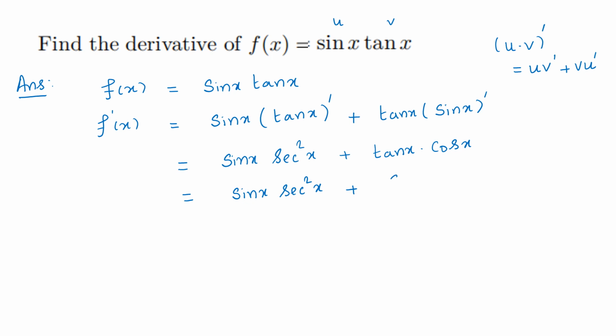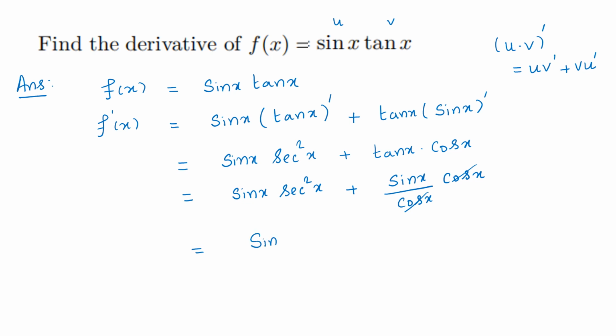Tan x I can write sin x by cosine x. Tan x, basic idea: tan x equal to sin x by cosine x. Multiply this cosine x. You have to see this cosine x, numerator, denominator cosine x will be deleted. What is remaining?